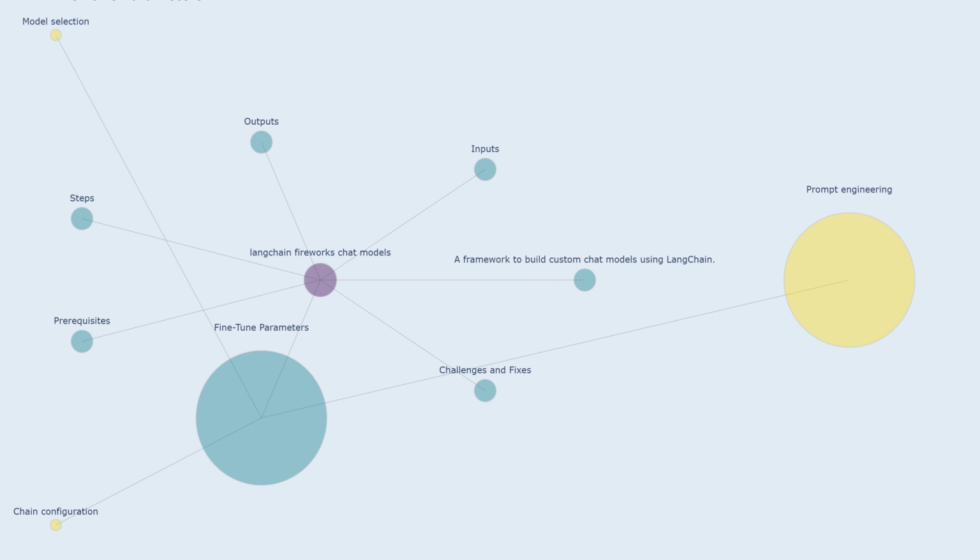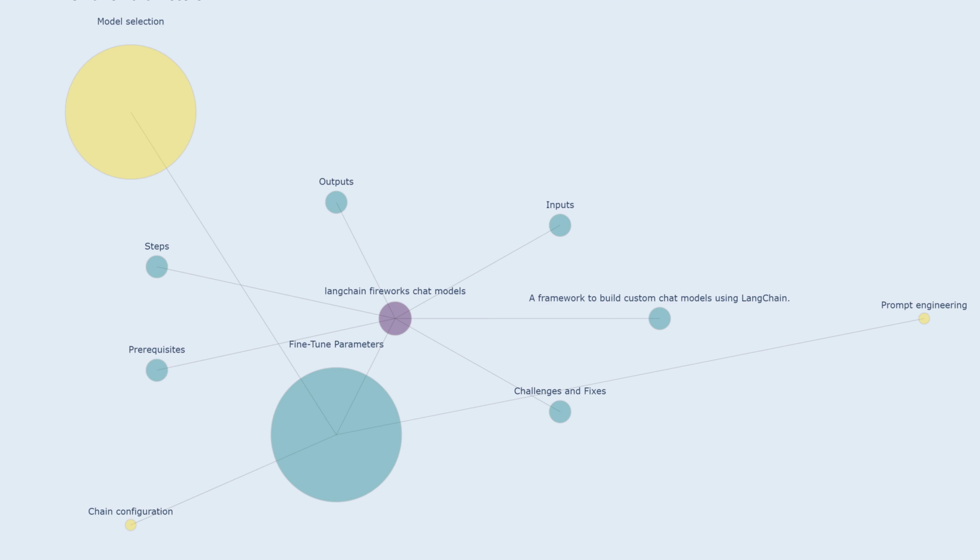output. Imagine a prompt for summarizing a news article. Please summarize this news article in a concise and objective manner, highlighting the key events and their significance. Model selection: the process of choosing the appropriate language model for your chat application, based on factors like model size, training data, and performance characteristics.